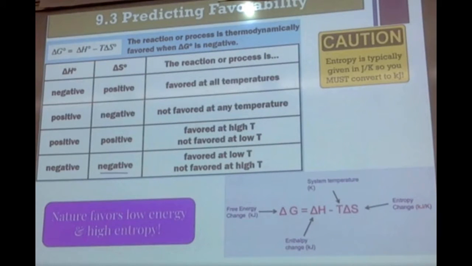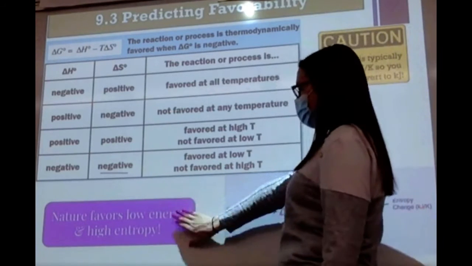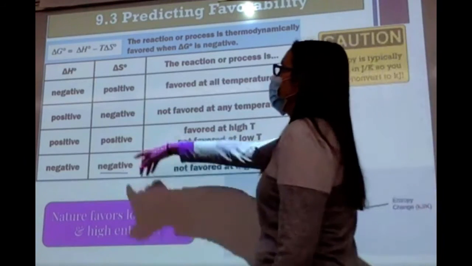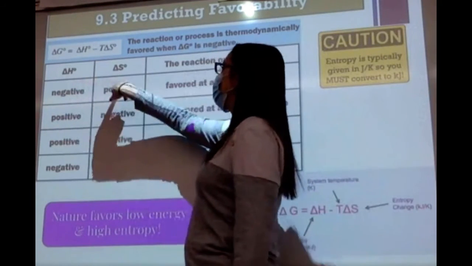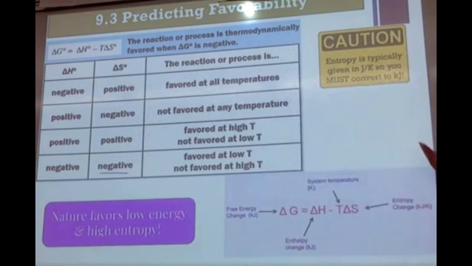This helps us to determine at what conditions a reaction is favored. In order for a reaction to be favored, delta G has to be negative. Remember, nature favors low energy and high entropy. Nature favors a negative delta H and a positive delta S. So since nature favors a negative delta H and a positive delta S, the reaction would be favored at all temperatures.